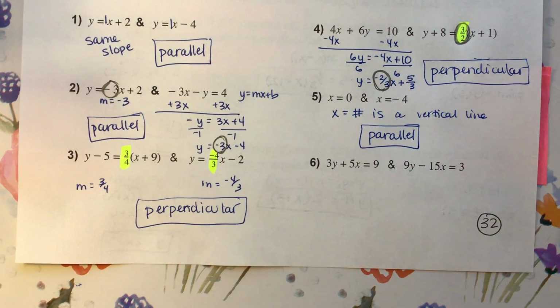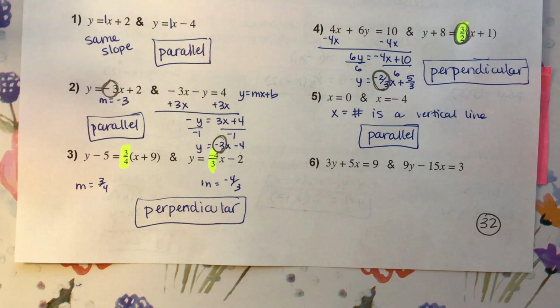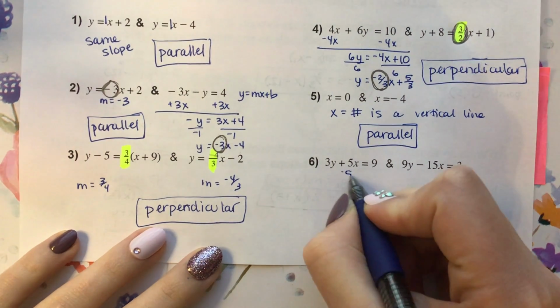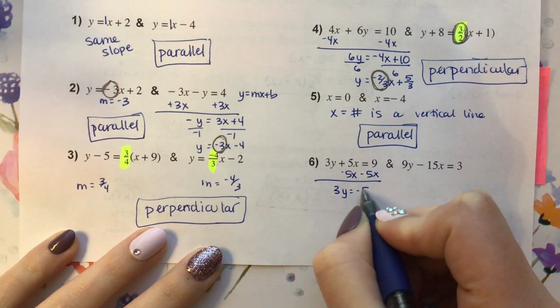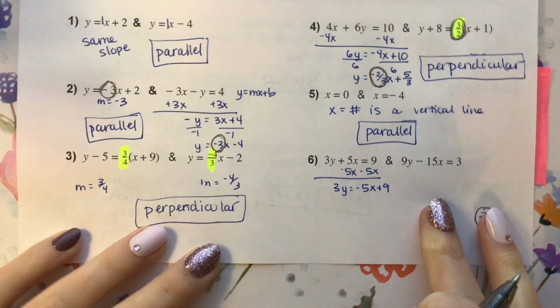Okay, finally, I need to know the slopes of these two equations. Neither of them are written in a way that I can easily tell the slope. So I want to convert both of them into slope-intercept form. So I'm going to subtract 5x from both sides on the first one. That gets me 3y is equal to negative 5x plus 9.